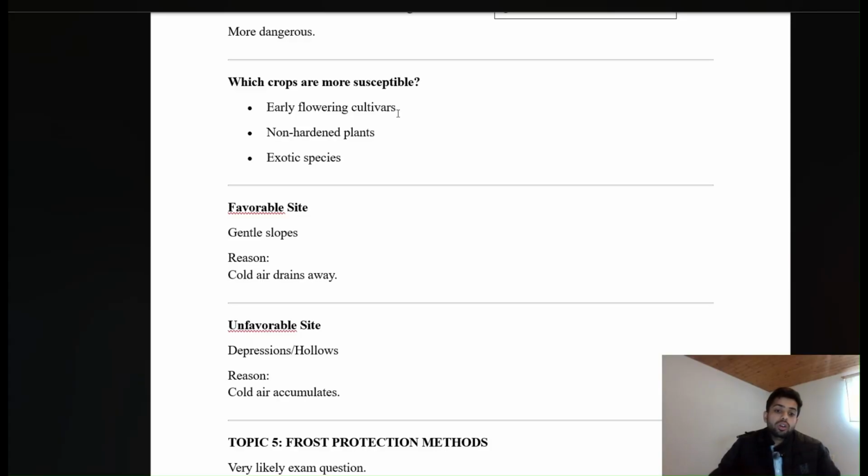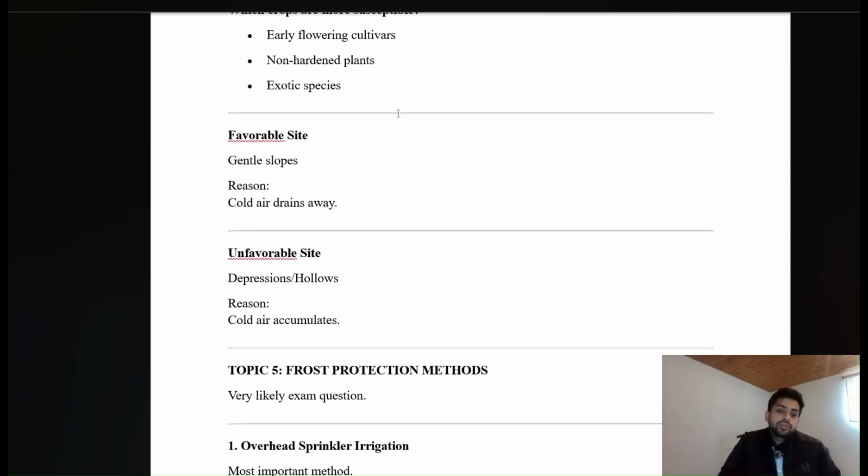Talking about a favorable site, like gentle slopes: if we make gentle slopes, then the cold air drains away. Cold air stays on a flat surface, but if we have a slope, the cold air drains away. But what is the disadvantage of an unfavorable site?